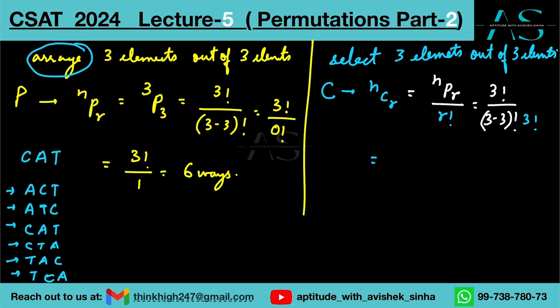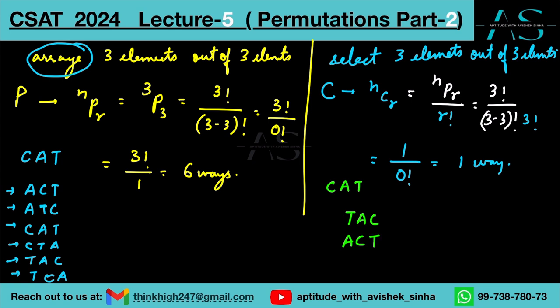Now, it's very clear. We have 3 factorial and 3 factorial cancelling. 3 minus 3 is 0 factorial. So 1 upon 0 factorial. And that is again equivalent to 1. So one way. Now what is this? Even if you write this cat, so you pick any particular combination out of this, it is the same combination. That means we are talking about these 3 elements.